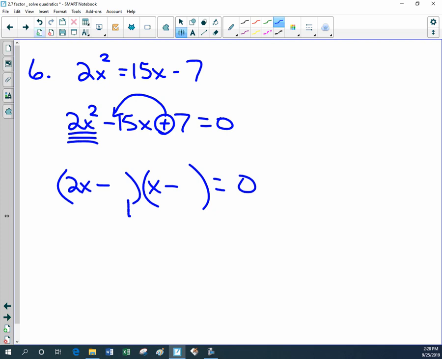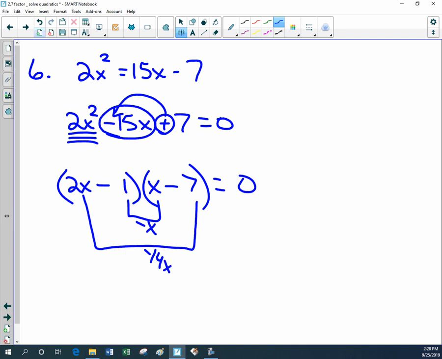So now do a little bit of mental math here and try to identify where the 1 would go, where the 7 goes. So to get a -15x, if I put 1 here, that's going to give me a -x. If I put 7 here, that's a -14x. -14x and -1x is a -15x.